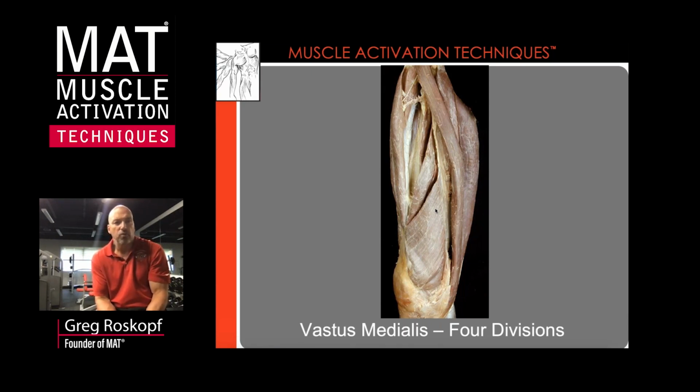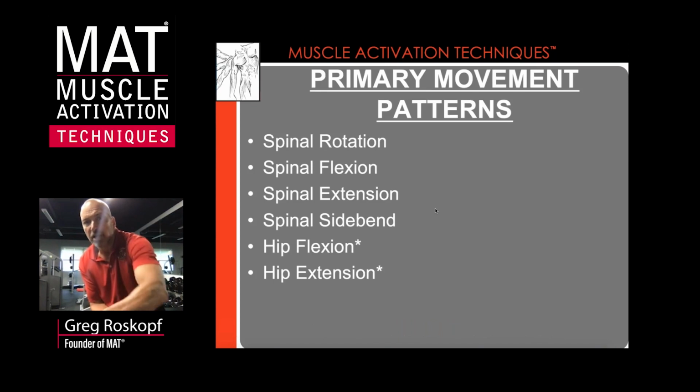Each one of those four divisions has its own set of communication pathways. And then you see the adductors, the sartorius, the hamstrings running behind. Every one of those muscles that are separated by fascia has its own set of battery cables and communication pathways with the nervous system. So with muscle activation techniques, we have the ability to assess the function of every one of those muscles. But now we're going to go into movements.